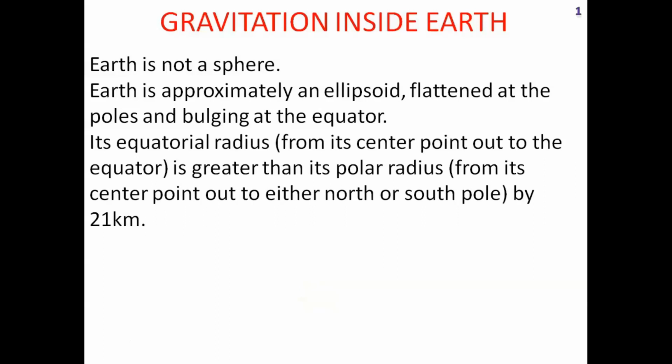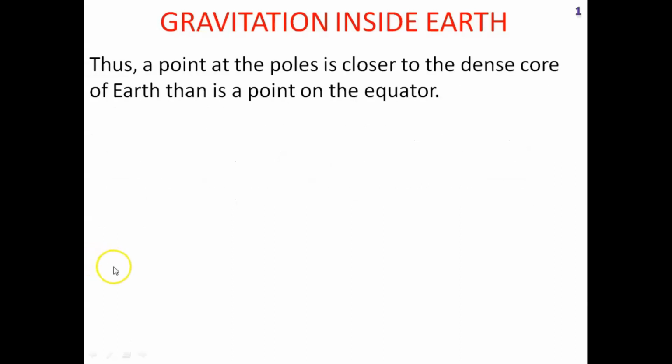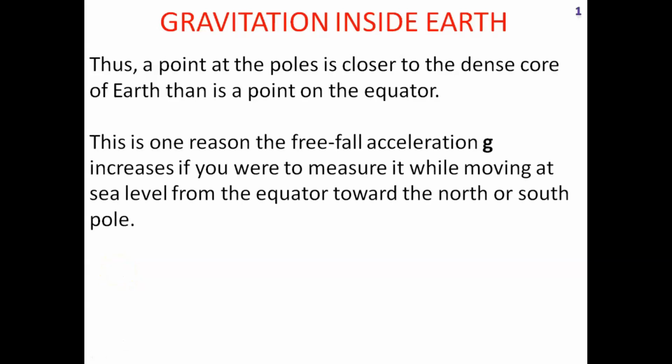Its equatorial radius, that is, from its center point out to the equator, is greater than its polar radius, that is, from its center point out to either North Pole or South Pole, by 21 kilometers. Thus, a point at the poles is closer to the dense core of Earth than a point at the equator. This is one of the reasons the free fall acceleration g increases if you were to measure it while moving at sea level from the equator towards the North or South Pole.